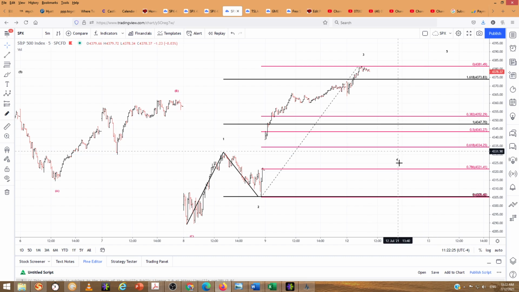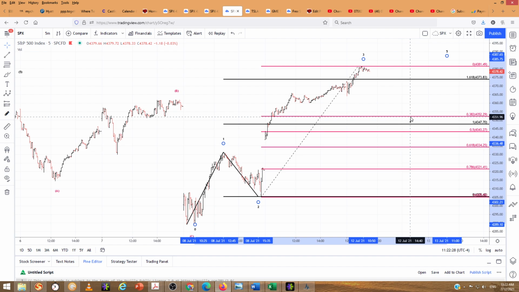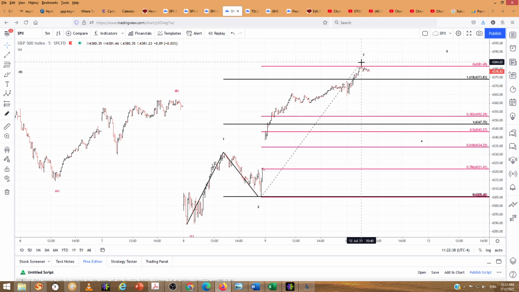And of course, if that goes higher, this could change. So expect 4 anywhere from 43.52 to 43.21. We'll set it right there now, and that should be followed by a wave 5 higher than the wave 3 high.